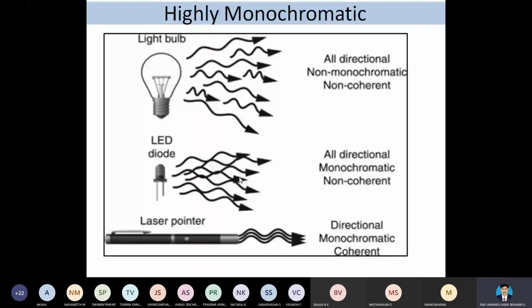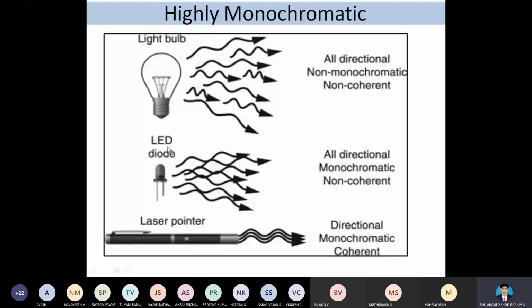The second characteristic is high monochromaticity. For this, again we started our comparison with the ordinary light, LED light, and the laser pointer.